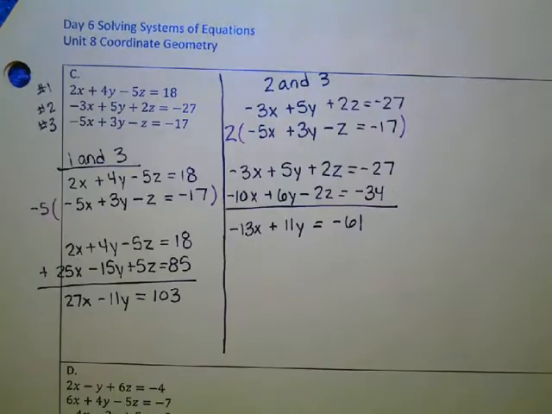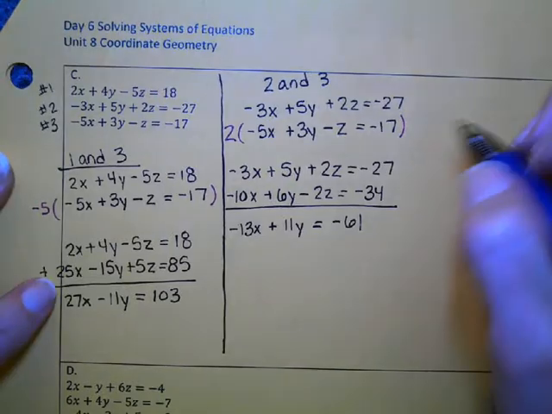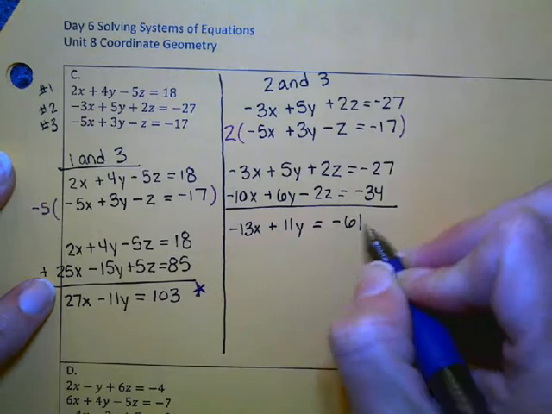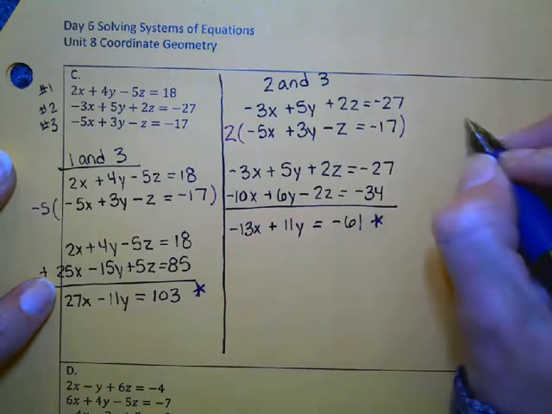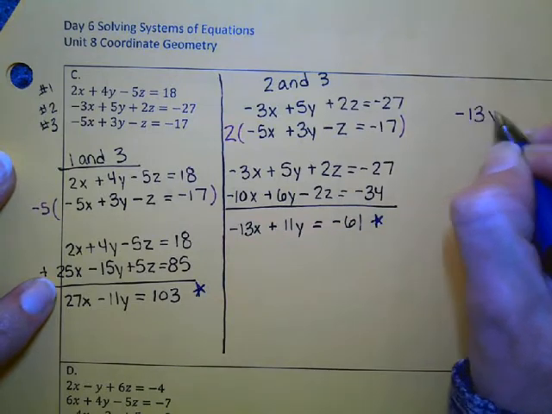So now we are down to a system. We can put those two together using elimination or substitution. Looking at what I have left, I would say elimination is the best route, just based on the numbers. I'm going to put a star here and a star here, and take these two problems.